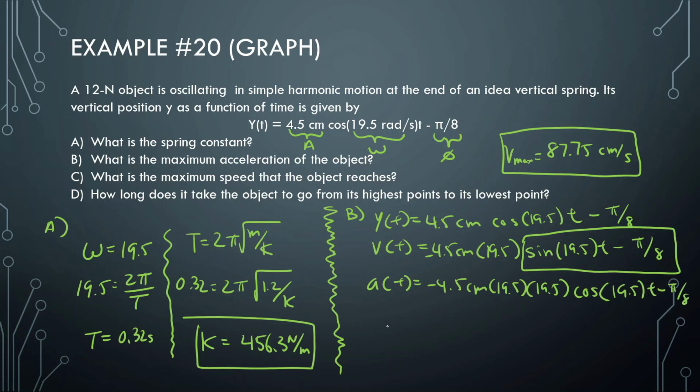So the maximum acceleration is going to be 4.5 times 19.5 times 19.5, and we get 1711.13 centimeters per second squared. If we wanted to convert that to meters, we could, but that's how it is without converting it.